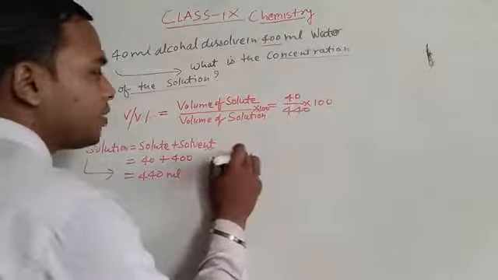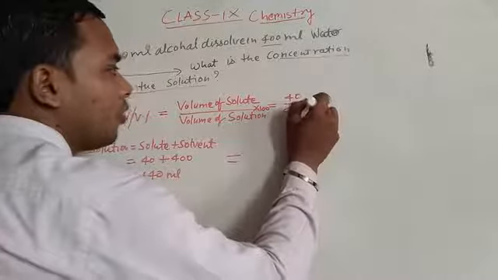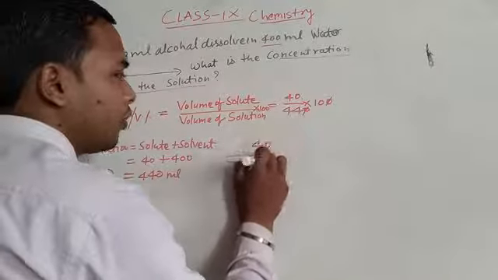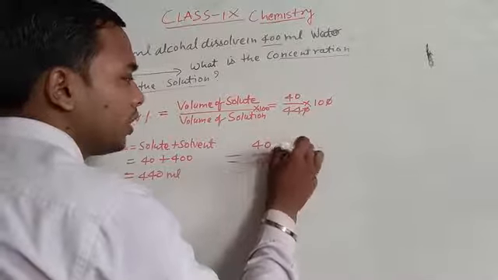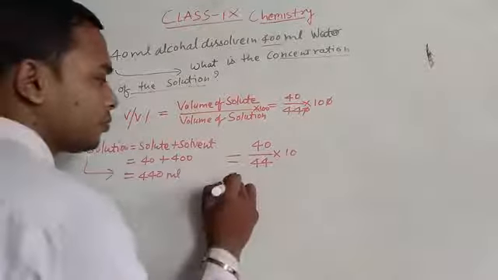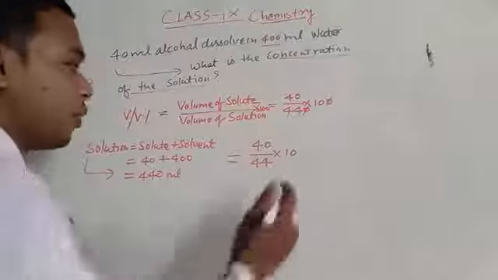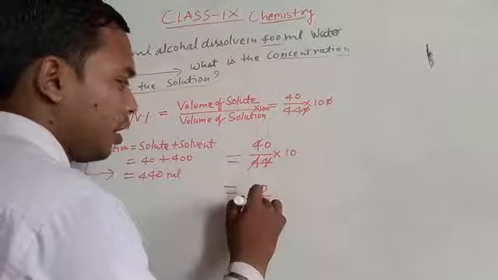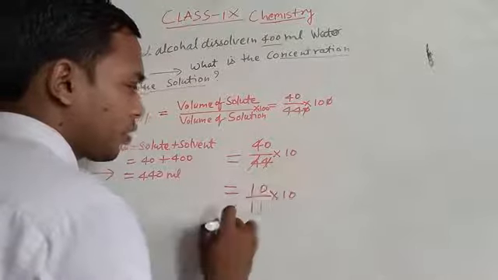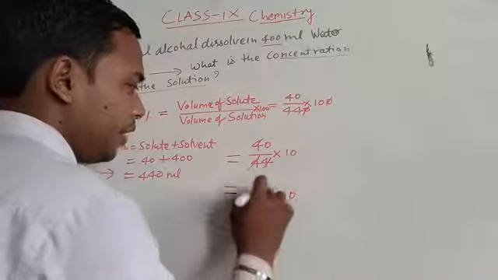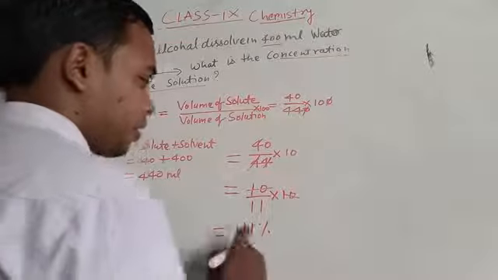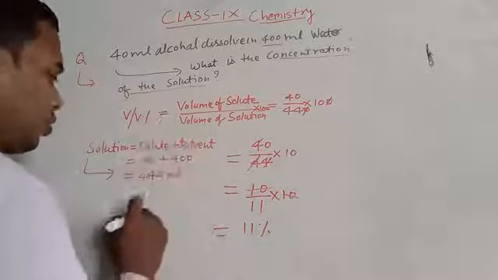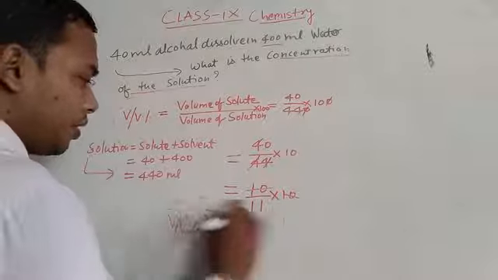So it will be written as 40 upon 44 into 10, which cancels to 10 upon 1 into 1, so it is 11%. 11% concentration by volume percentage.